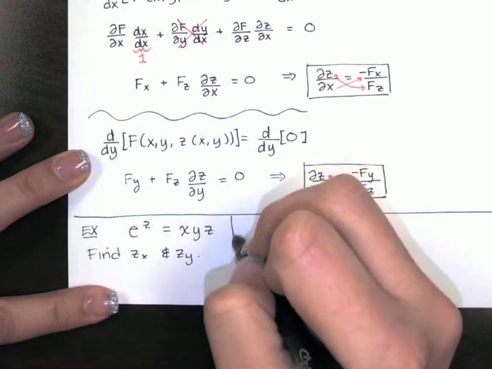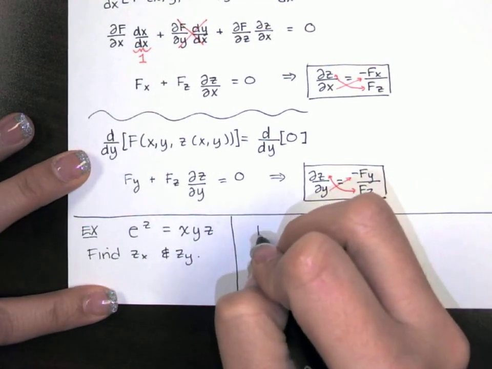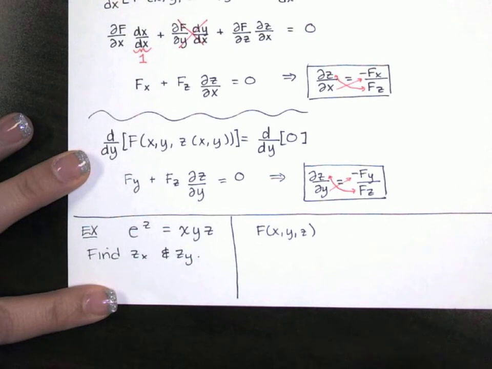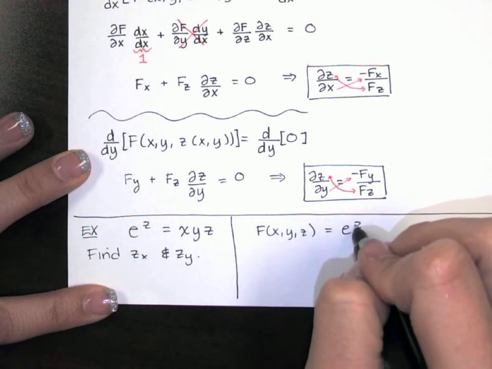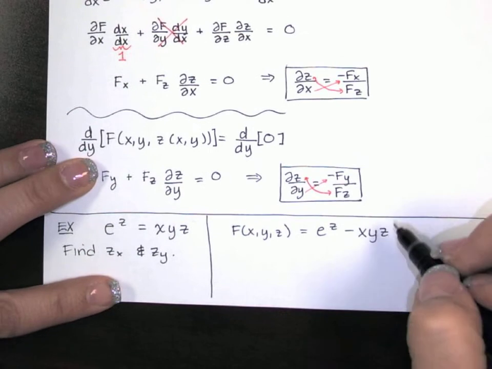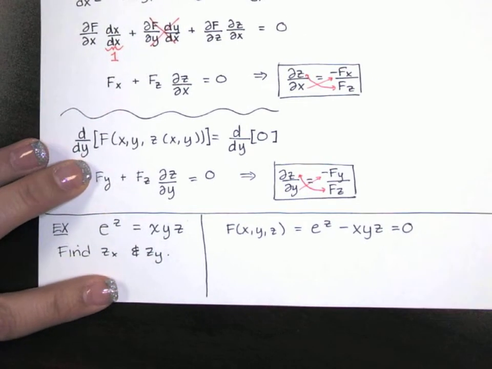It's actually very simple. So first you find f of x, y, z by moving all of the terms to one side. So you've got e to the z minus x times y times z, and we'll say that that equals 0.